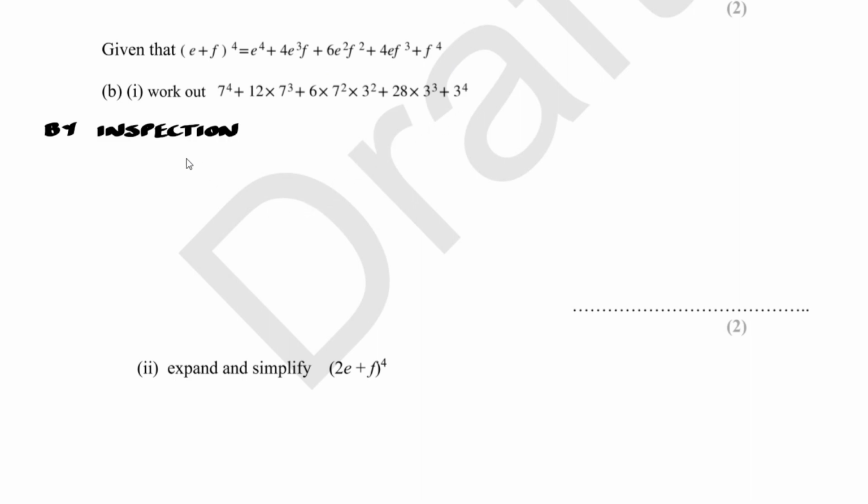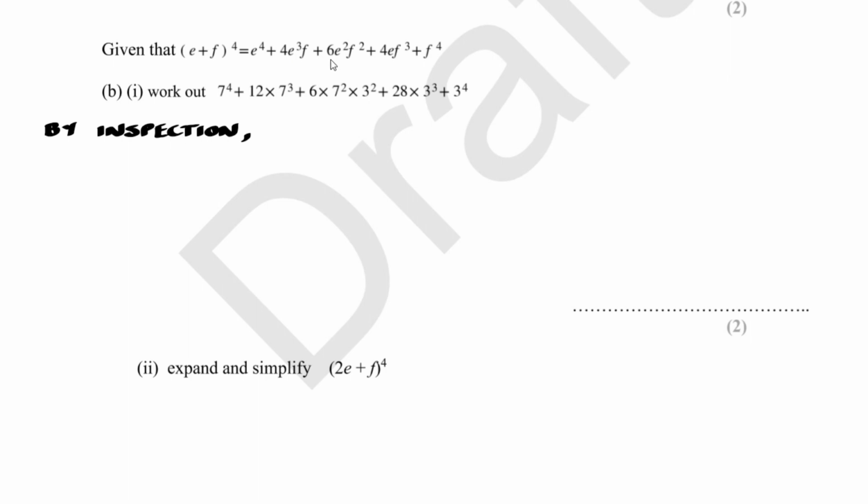And by inspection, you can see we have 7 to the 4. Here we have an e to the 4. Here we have 12 times 7 cubed. Here we have 4e cubed f. Here we have 6 times 7 squared times 3 squared.